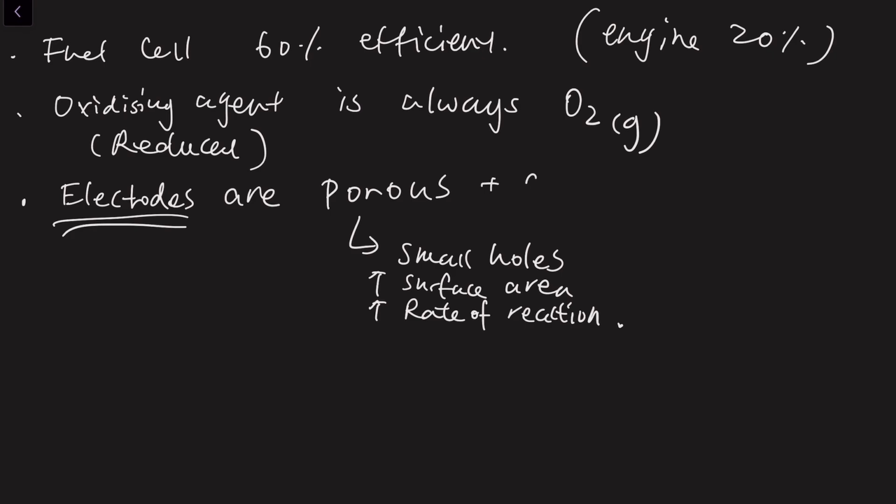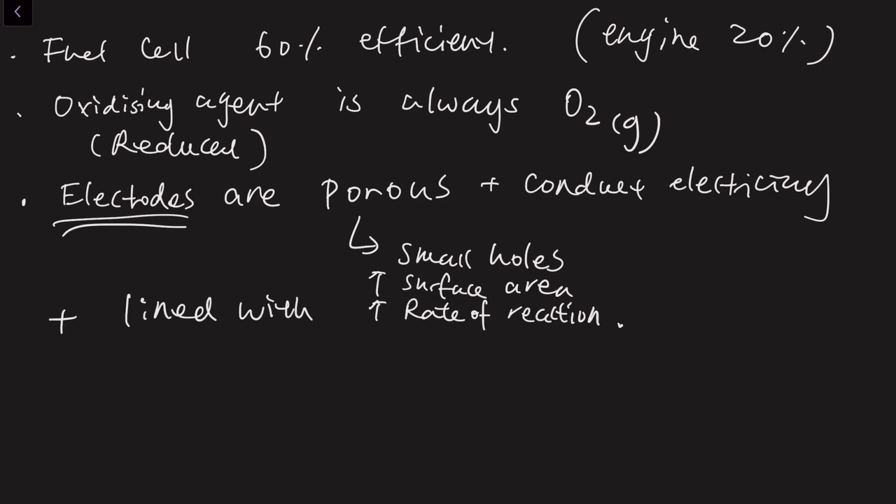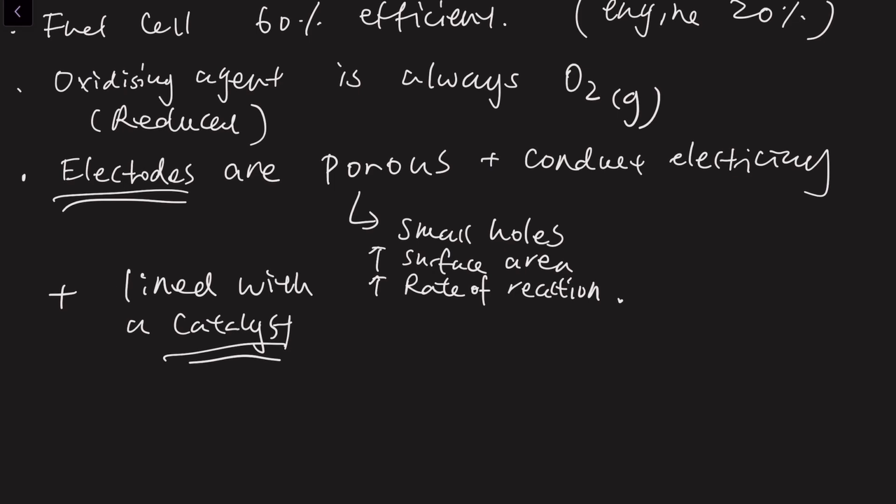And it needs to conduct electricity because it is the electrode. And the electrodes are lined with a catalyst. So everything I have mentioned in the rate of reaction video comes back to this fuel cell. A catalyst could be nickel or platinum.